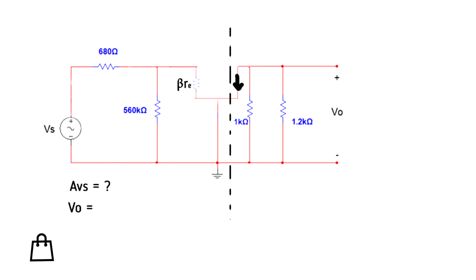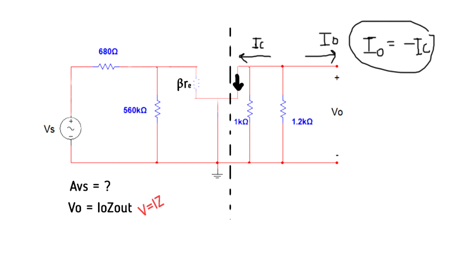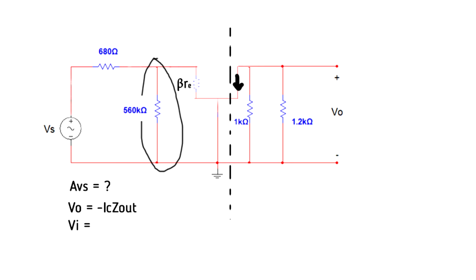Now we find the VO. Using Ohm's law, V equals IZ, the output voltage is equal to the output current times the output impedance. If you look here, the IO is just the opposite of IC. Therefore, IO is equal to negative IC. Let's leave that formula for now and proceed to VI, or the input voltage.